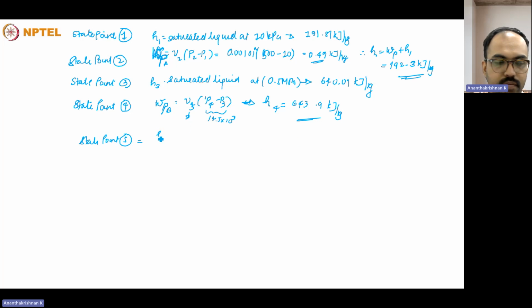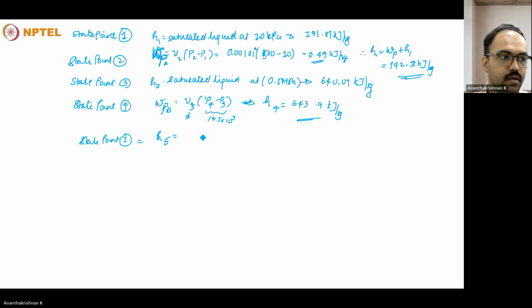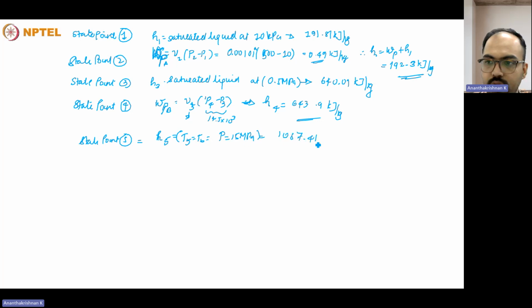Point 5 enthalpy will be equal to... At T5 equal to T6, at the same saturated temperature, at pressure equal to 15 megapascal, we'll get the enthalpy of 1087.4 kilojoule per kilogram.